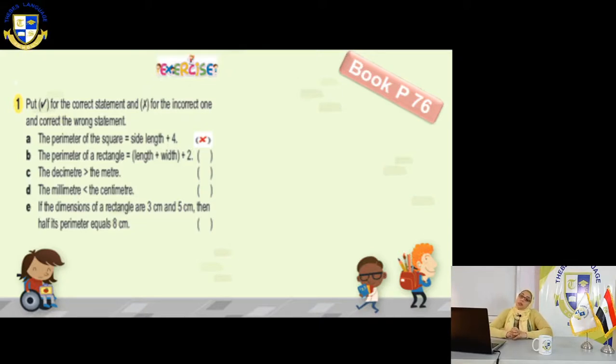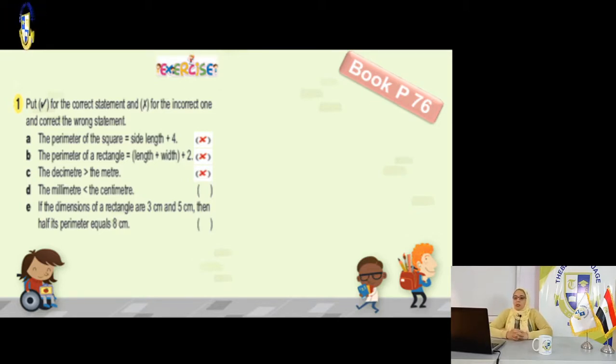Is it right? Of course not. It's times 2, not plus 2. Number C. The decimeter is bigger than the meter. Is it right? No, the meter is bigger than decimeter. Just change the sign. Okay, number D, the millimeter is less than the centimeter. Of course, right.